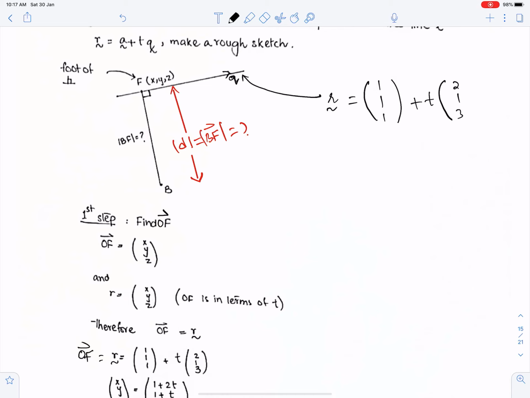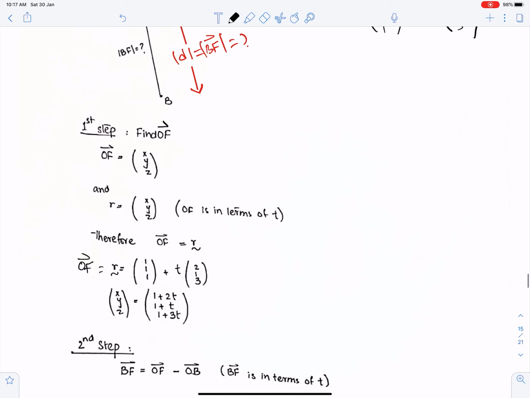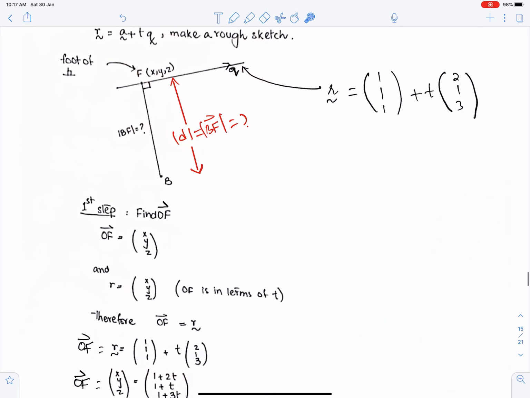Let's suppose this is the equation of the line L. When you simplify these two vectors, you will find OF in terms of T. This is OF. So the first work is over, which is the vector OF. Now the second work is to find vector BF.